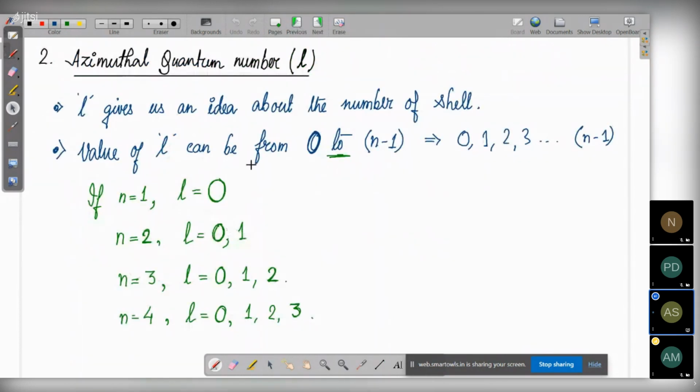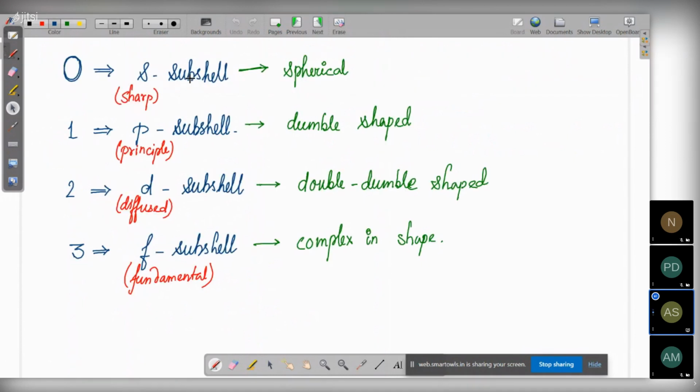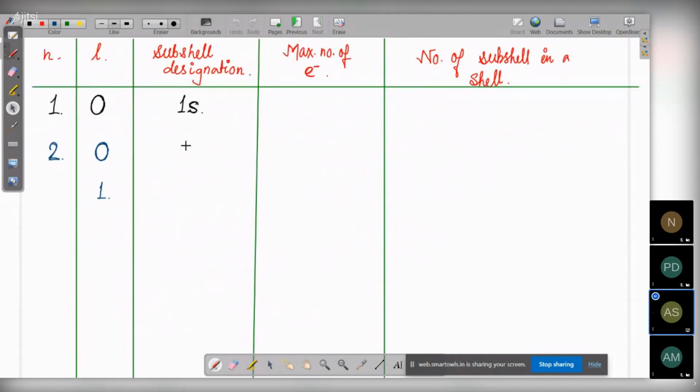For 2 and 0, 0 means s subshell, so it is called 2s. And for 2 and 1, it is called the p subshell, 2p.